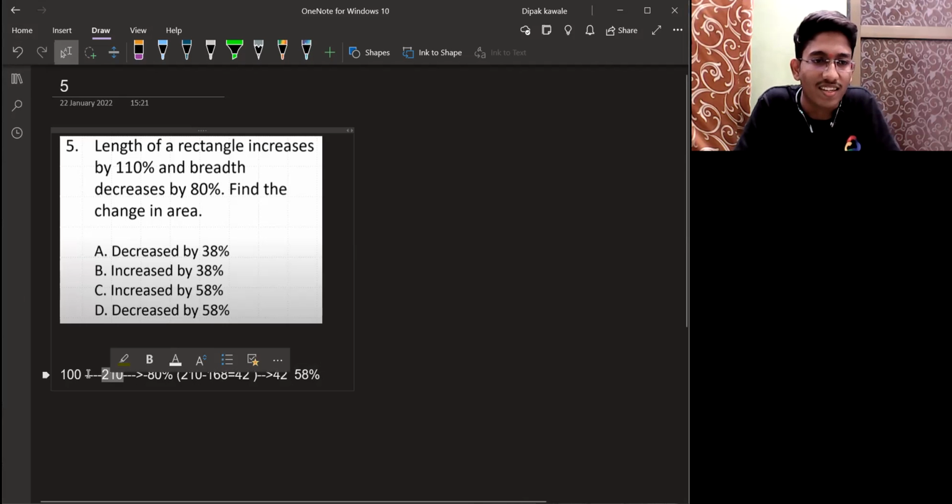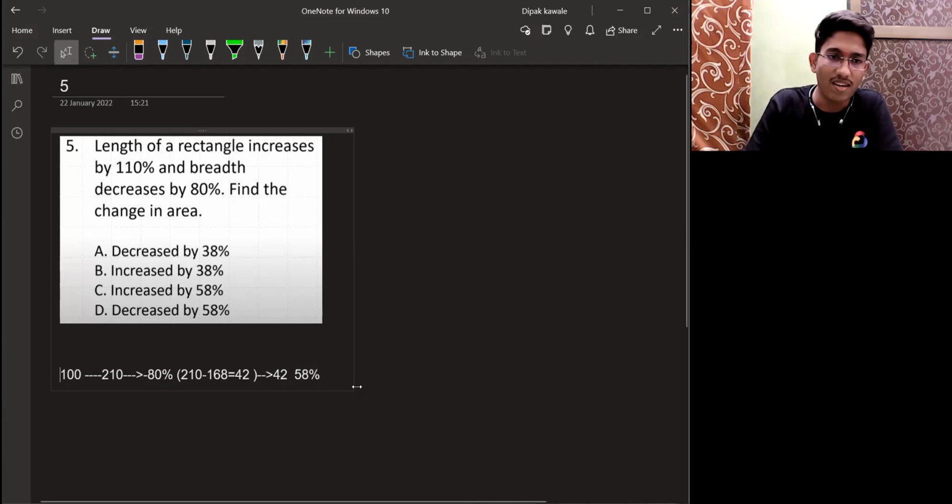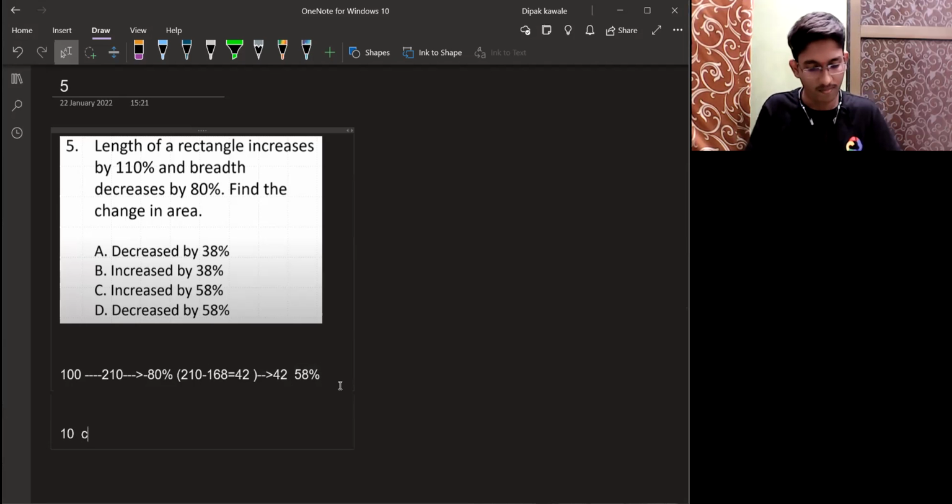Because student, tell me guys, if I am having 10 chocolates, and it is saying that from my initial 10 chocolates, 80% chocolates I am losing. 80% chocolate losing, that means I am having only 20% chocolates.